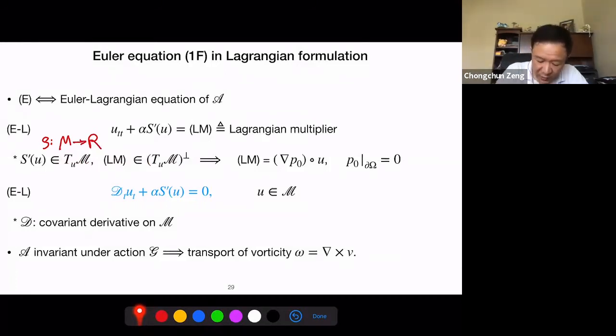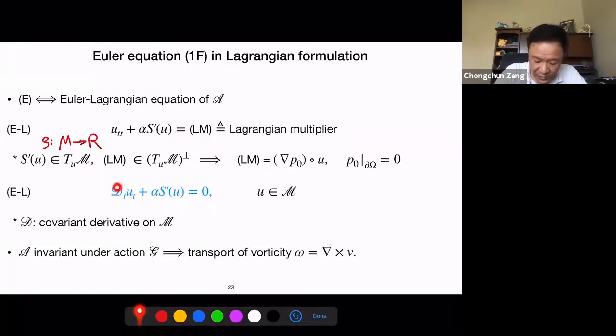As we know, when this is a normal vector, then it takes the form of the gradient in the Eulerian coordinate with a potential function equal to 0 on the boundary. And if you take this Lagrangian multiplier, the normal component, away from the second order derivative, then the second order derivative becomes a covariant derivative.